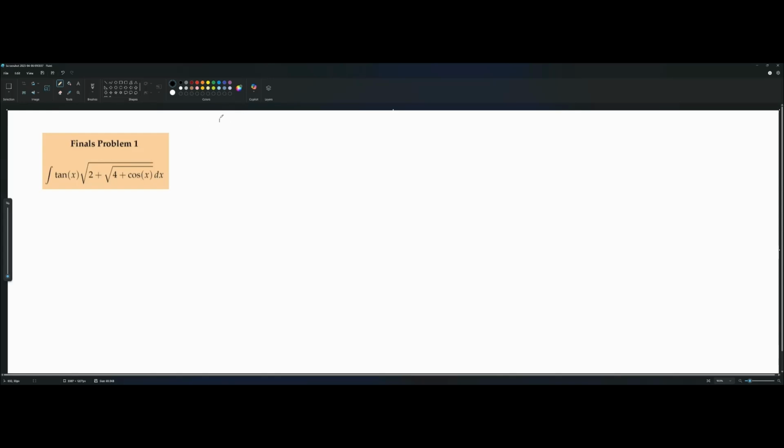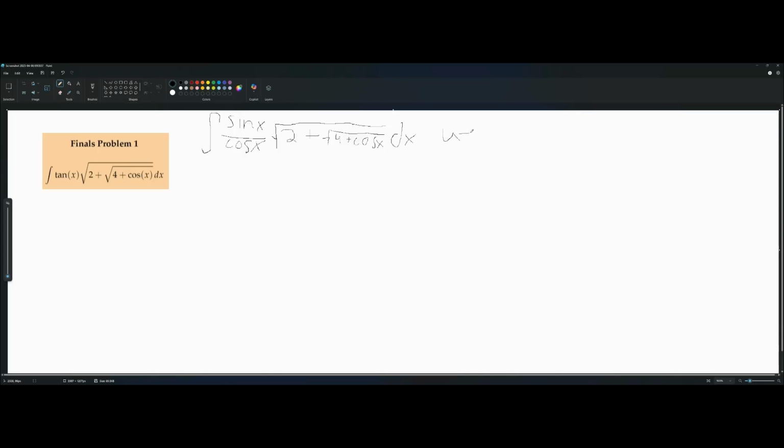So I think we should start this integral by rewriting it as sine of x over cosine of x over 2 plus the square root of 4 plus cosine of x dx. And I think you should be able to spot that there is an obvious u substitution here.